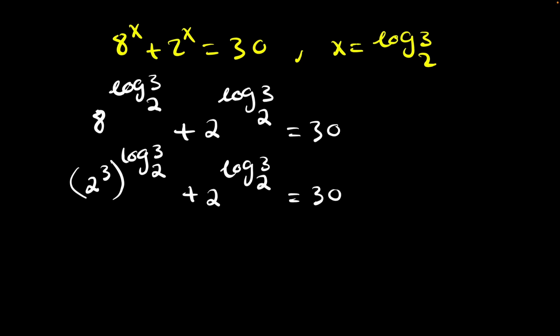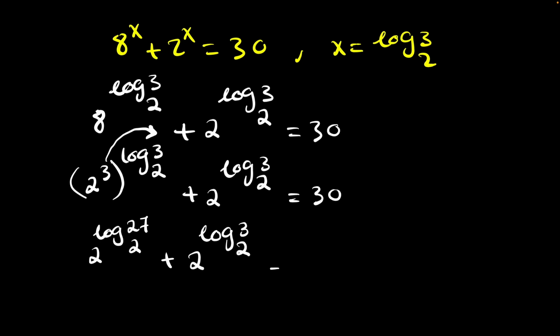Here I can move the 3 to the power, so I can write 2 to the log 3 cubed, which is 27, as you know, to the base 2, plus 2 to the log 3 to the base 2, is equal to 30.